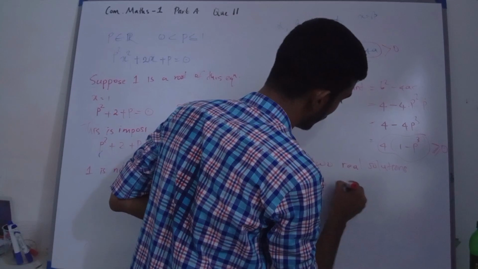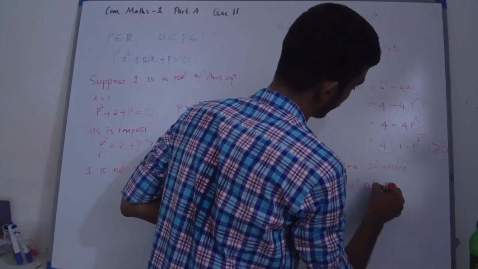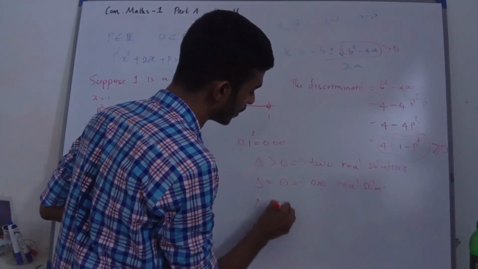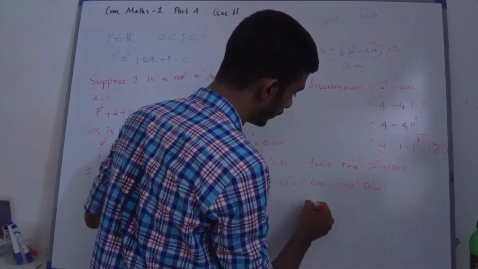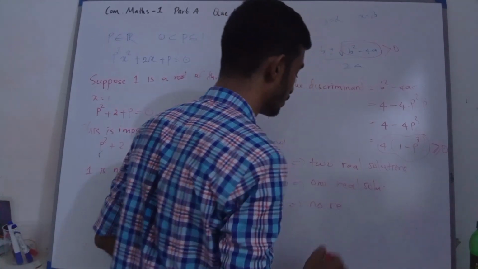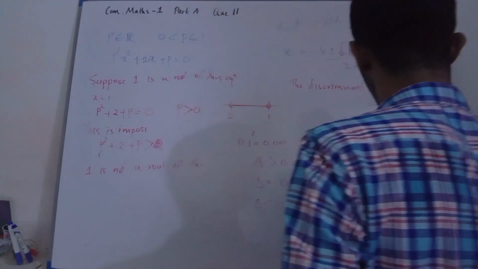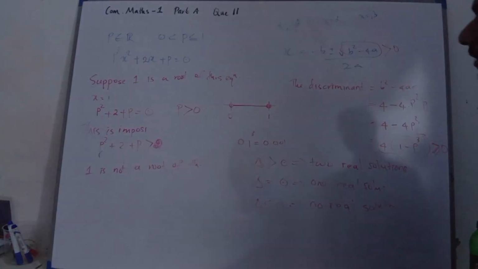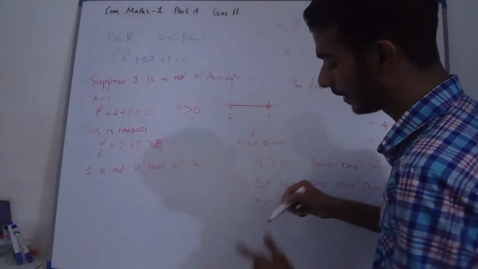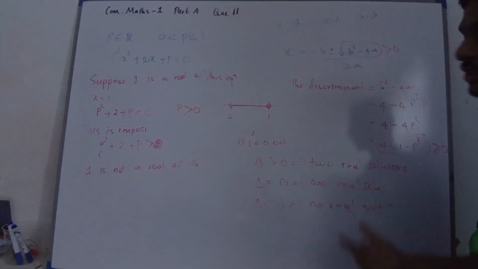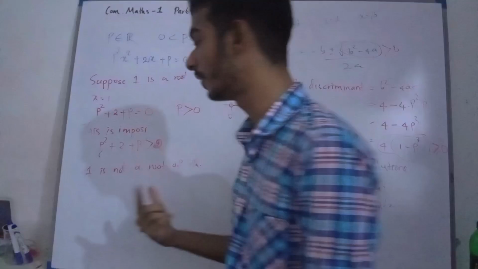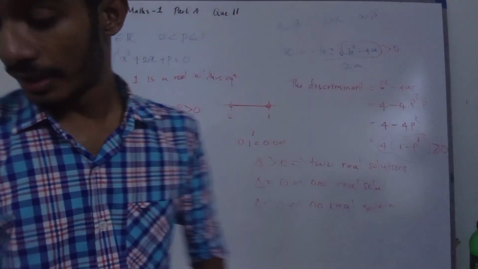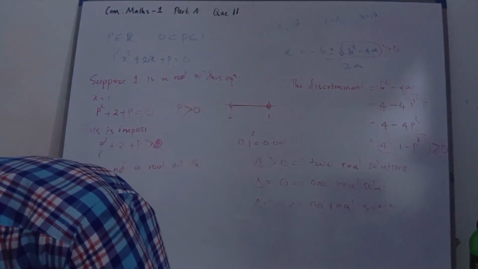And if delta is less than 0, it will have no real solution. It will have imaginary solutions only. So these are the features of delta. From delta we can tell how many real solutions a quadratic equation will have. Now we will move to the next part.